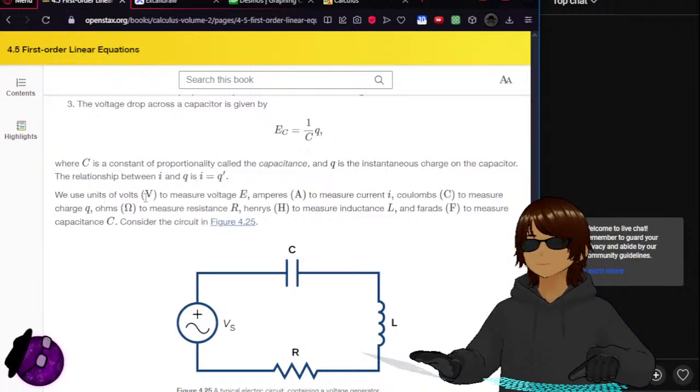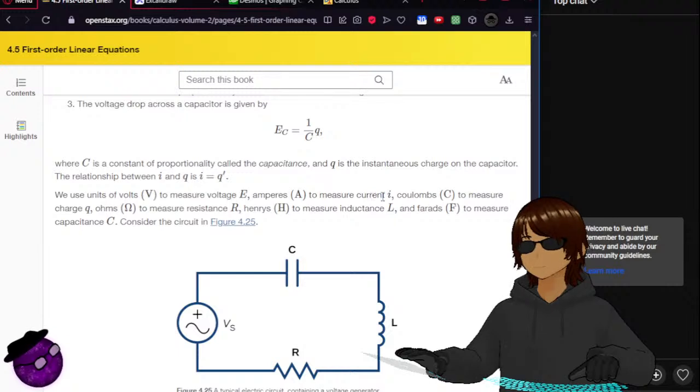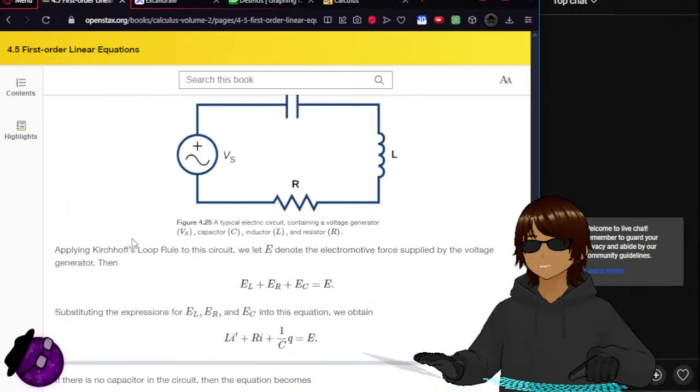We use volts to measure voltage E, amperes to measure current I, and coulombs to measure charge Q, ohms to measure resistance, henries to measure inductance, and farads to measure capacitance.